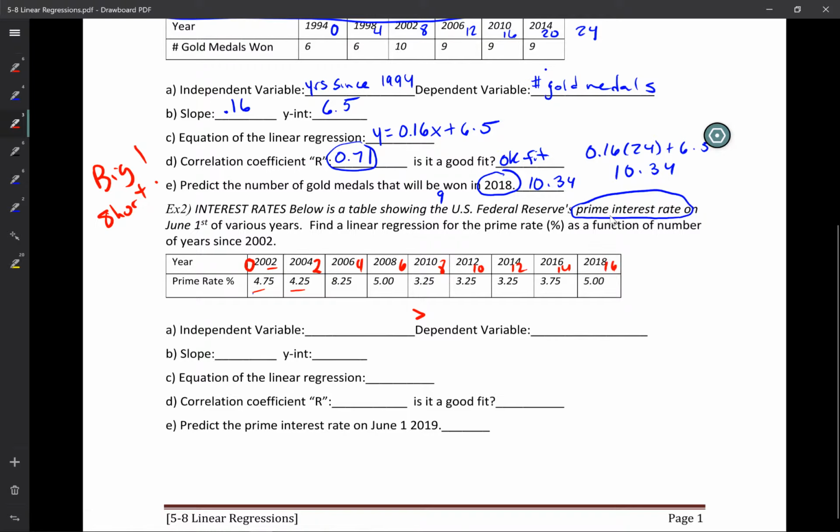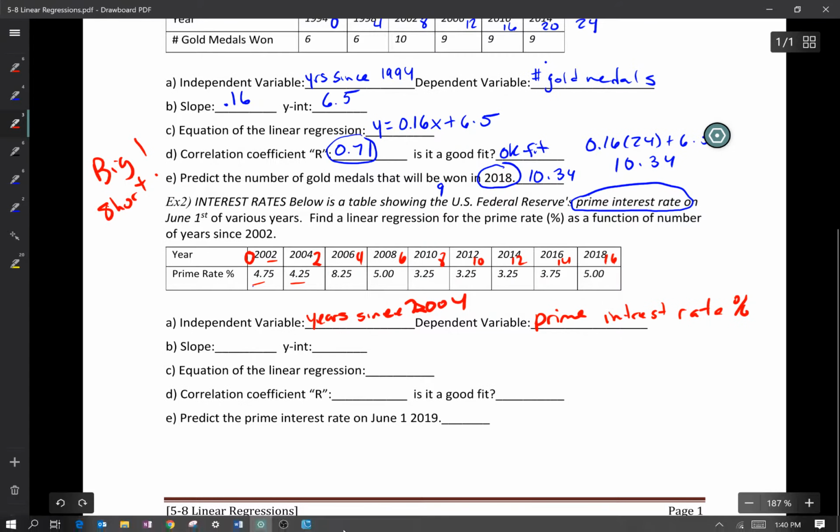So what we're going to do is, let's do the rest. Independent variable: the years since 2002. The dependent variable: the prime interest rate, and that's a percent, right? All right, so let's go do this.